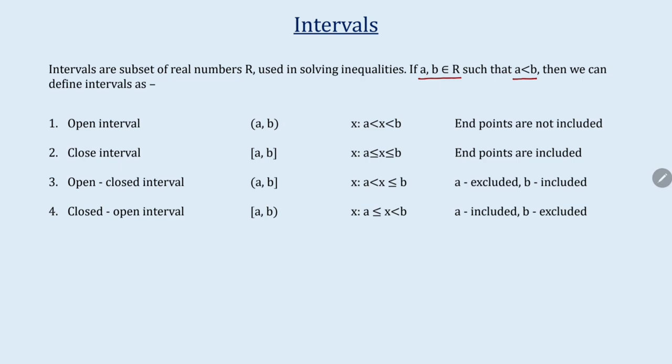The last one is the closed open interval. This is also similar to open closed. The only difference is x is greater than or equal to a and less than b. So here, in the endpoints, a is included in the interval while b is not included.